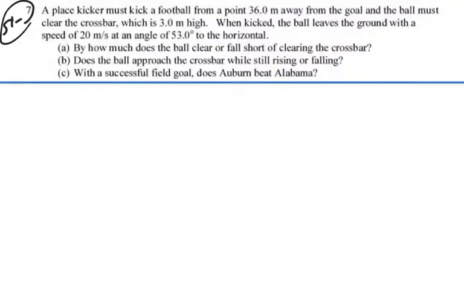Alright, so this is a two-dimensional motion problem. We're going to kick a football, and we're going to launch it with a 53-degree angle with an initial velocity of 20 meters per second.